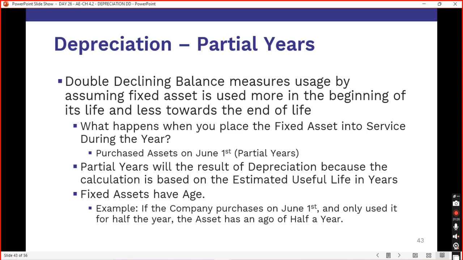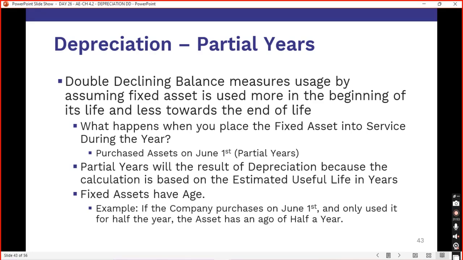Okay? Therefore, remember, especially when it comes to partial years, I cannot say my asset is 1 year old when I put it into service on September 30th. It barely was there for 3 whole months. So why would you depreciate it for a whole year? It would be a huge cost to your business.